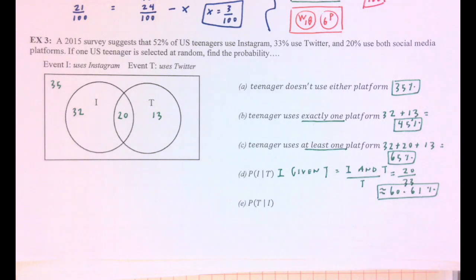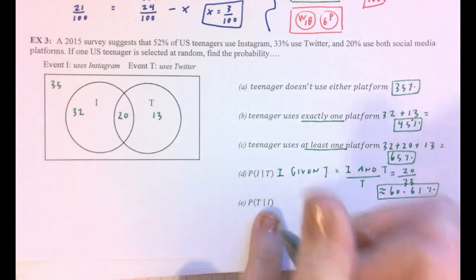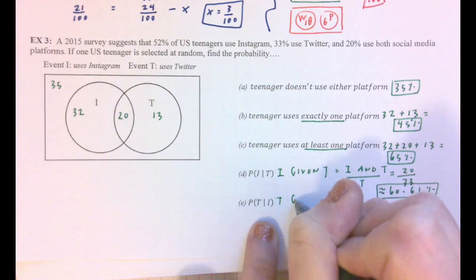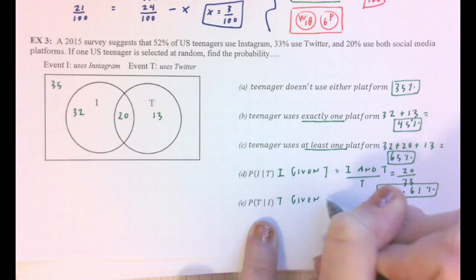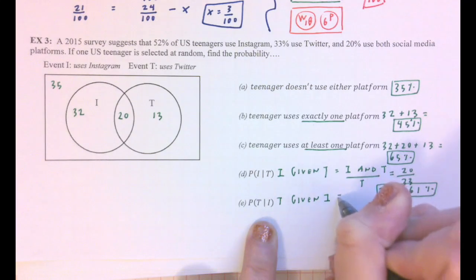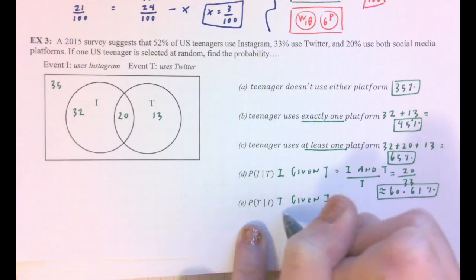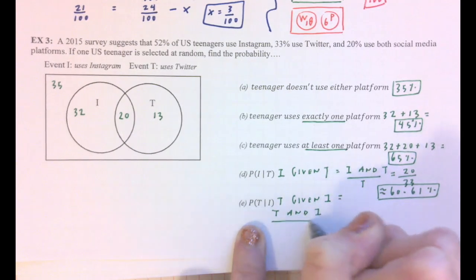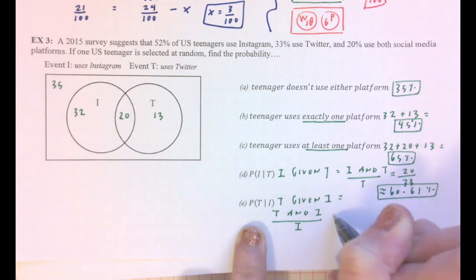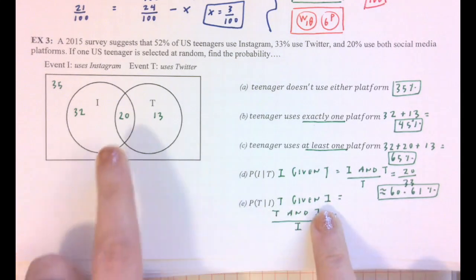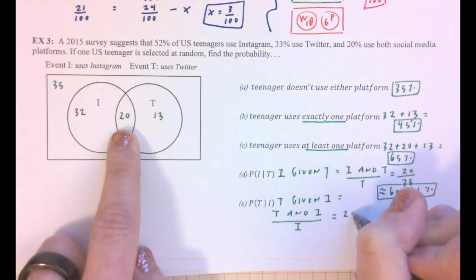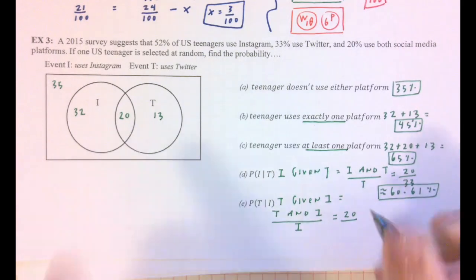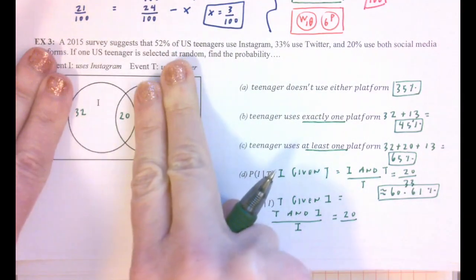Okay, one more and then we'll flip. So here, a Twitter given Instagram. So T given I. So that's saying Twitter and Instagram from among those who use Instagram. So both, my overlap is still 20, my numerator is the same, but now I'm picking from those who use Instagram.